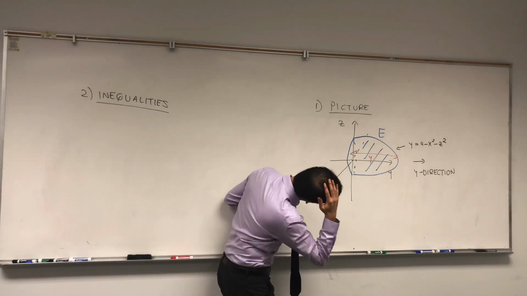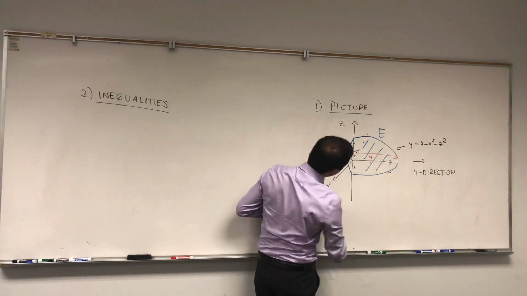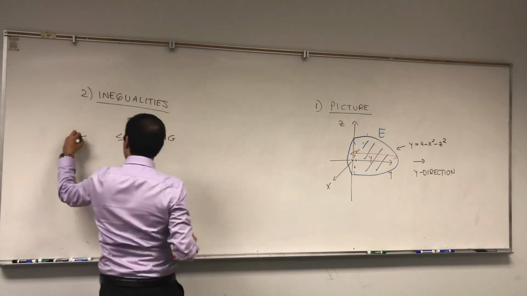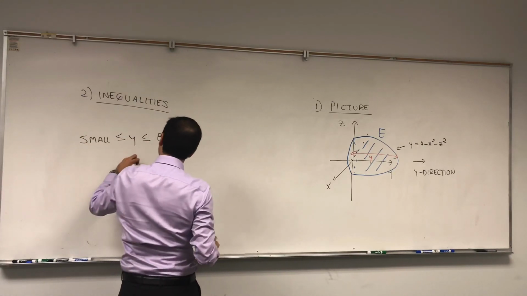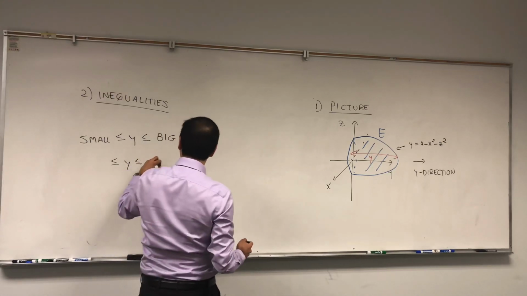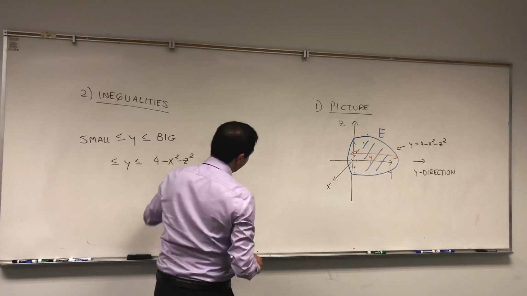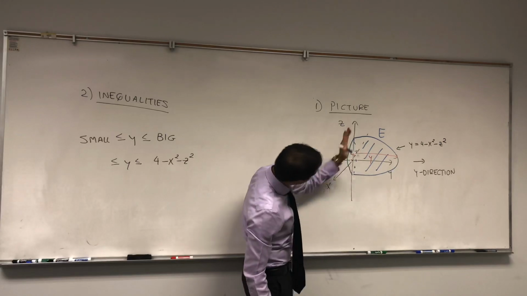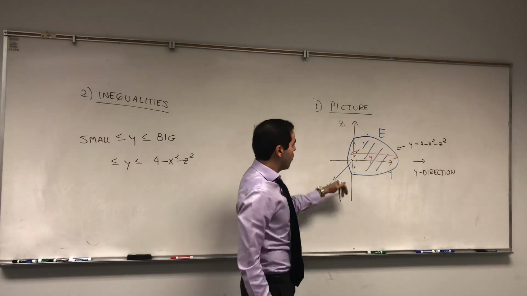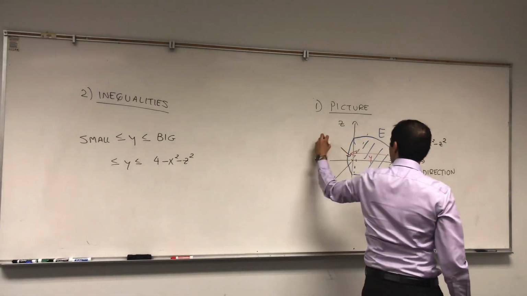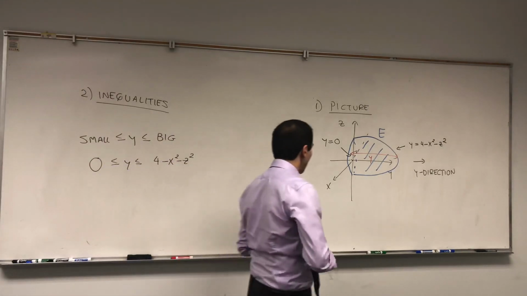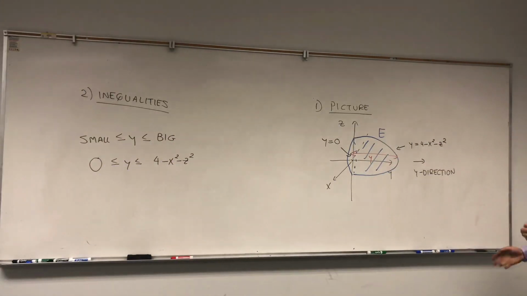If you're tilting your head, the bigger function here becomes this paraboloid. So y is between big and small. And so here y is between 4 minus x squared minus z squared, and the question is, what is the smaller function? Well, it's precisely the xz plane, which has the property that y equals 0. So indeed, y is between 0 and 4 minus x squared minus z squared.